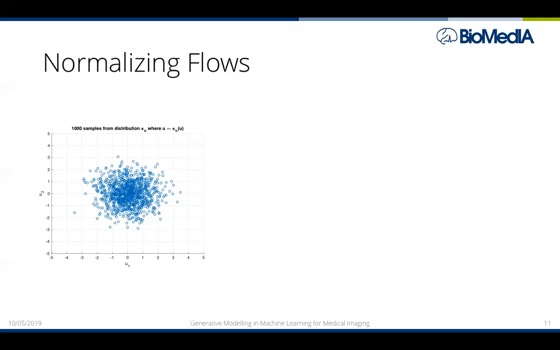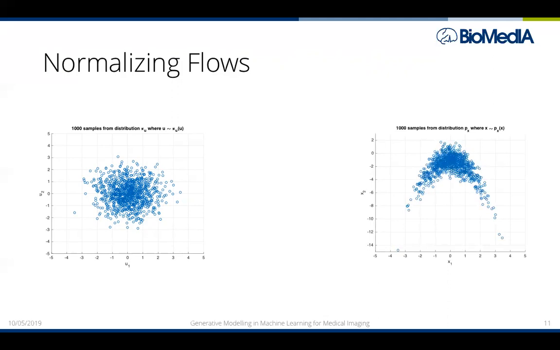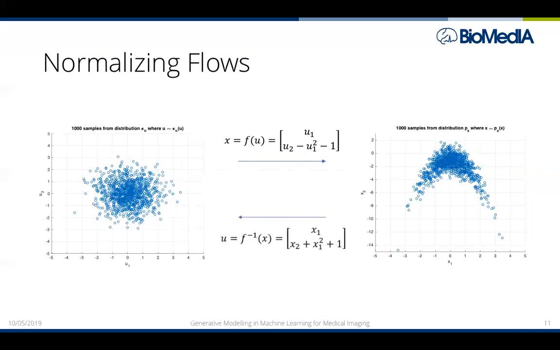Now, if I want to map this distribution to another distribution, for example this, and I know the transformation function, I can write the transformation function like this. So every point in this distribution is now mapped onto this distribution. And since I know the mapping function, I can also write its inverse.